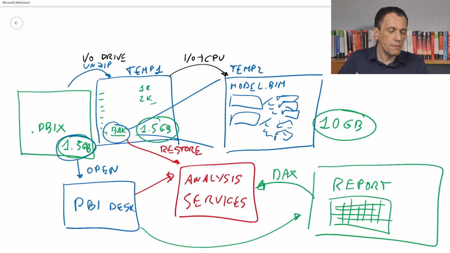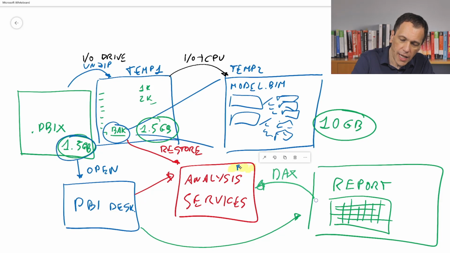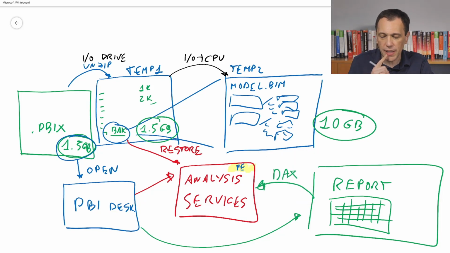Why that? Because for the first time, the storage engine, so let's highlight this area here. The formula engine is usually something we draw in yellow, and this area here is what we call the storage engine.